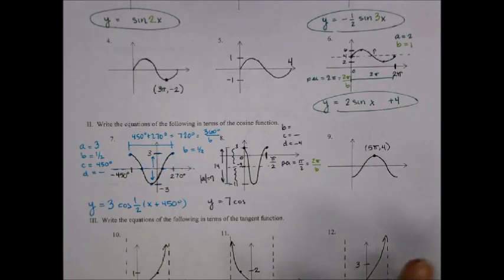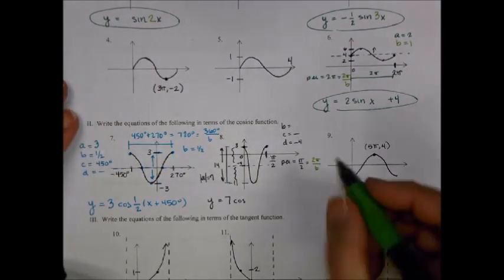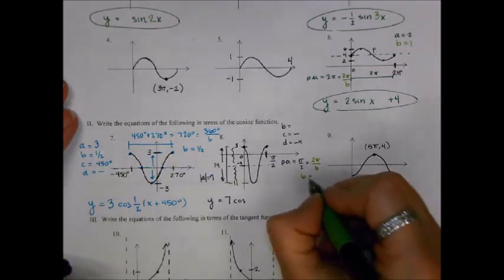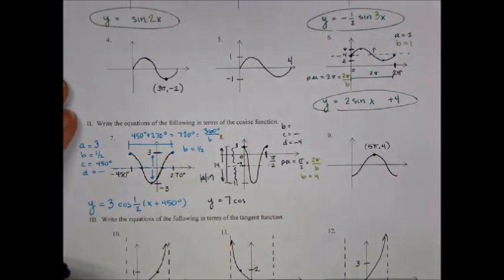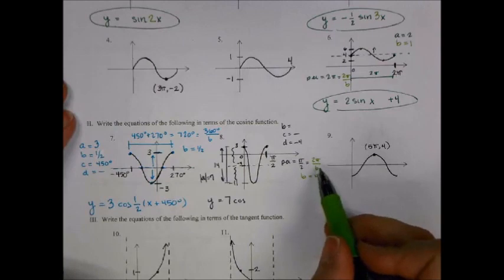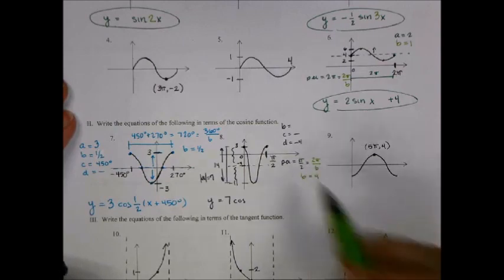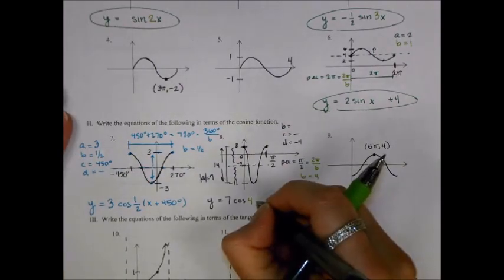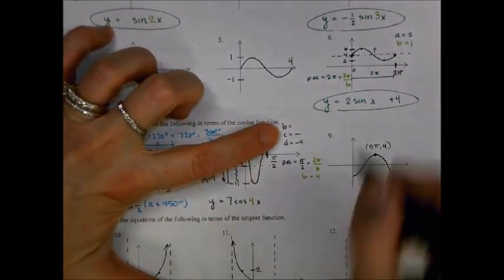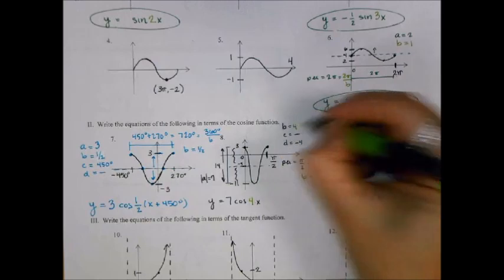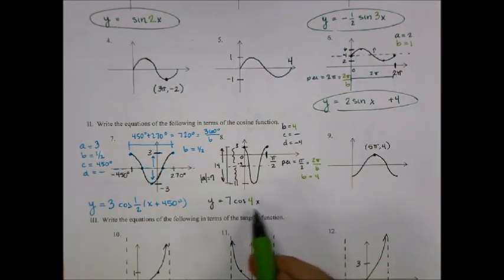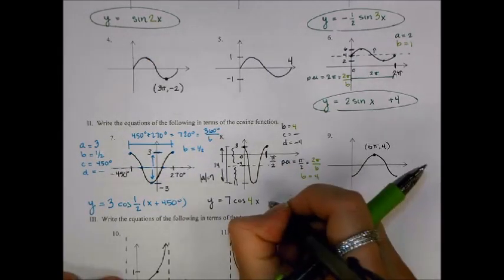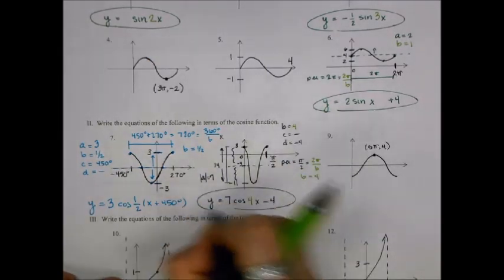So we're going to end up with b is equal to 4. And you can check that 2 pi divided by 4 will reduce to pi over 2. So this is a 4x. Again, there's no translation left or right, so I'm not going to need any parentheses there for that. I just want to subtract 4 at the end. All right, so there's that answer.